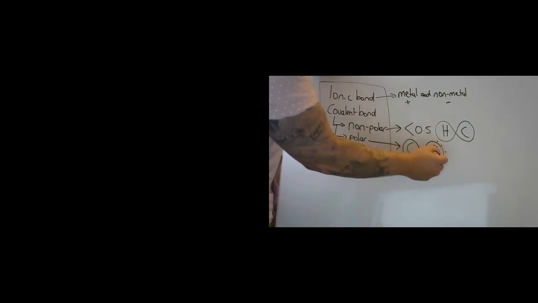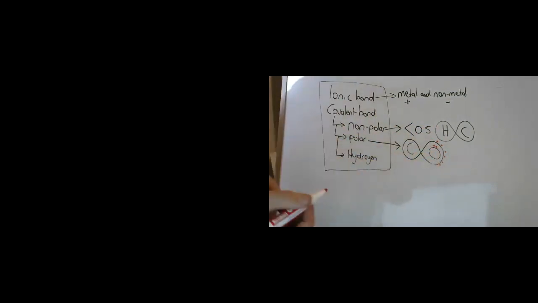So you've got 2 unbound electrons, and because of its extra electronegativity, let's say it's hogging 6 electrons. Carbon only has 2.